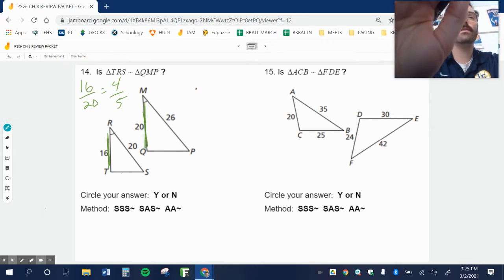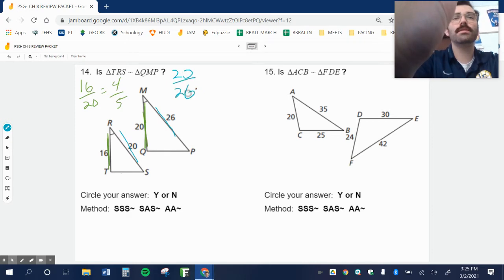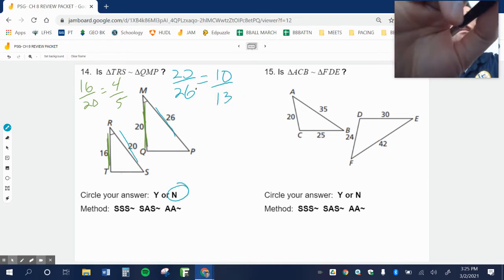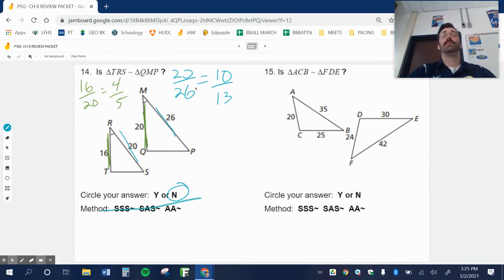And then RS corresponds with MP, which is 20 over 26, and that reduces to 10 over 13, excuse me. So boom, right away, these are not similar. And I shouldn't even have a method because they're not similar. Okay, they're not similar, so there's no method.